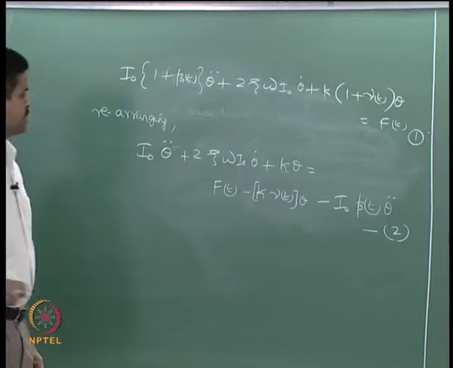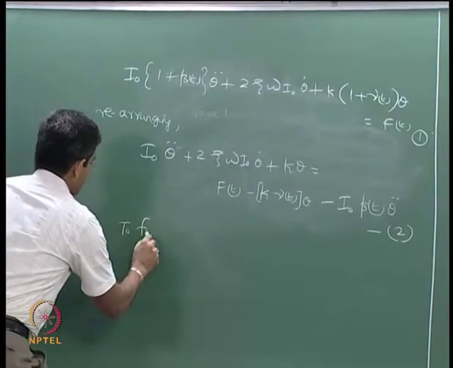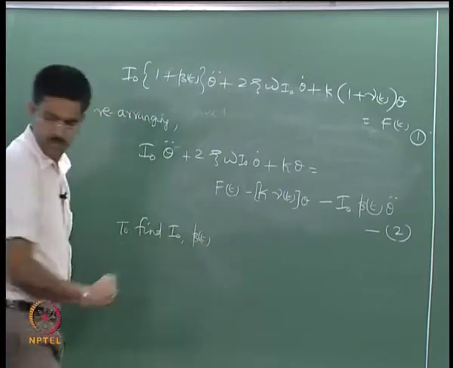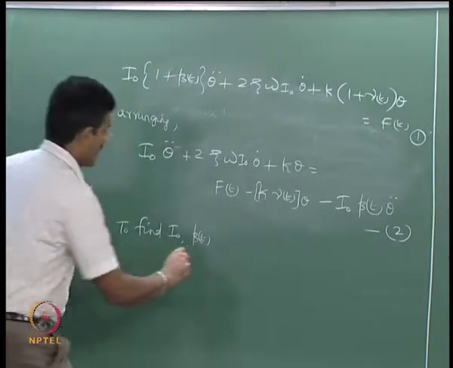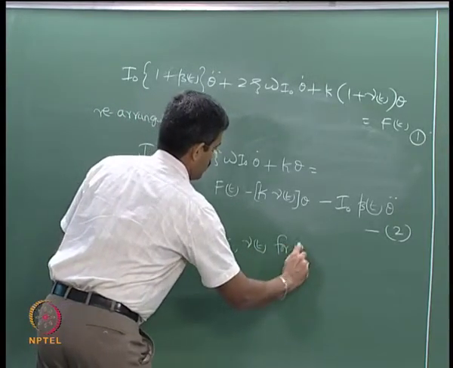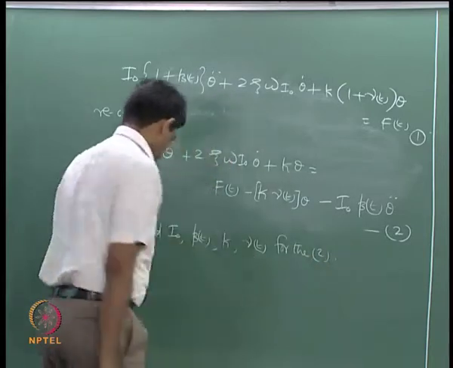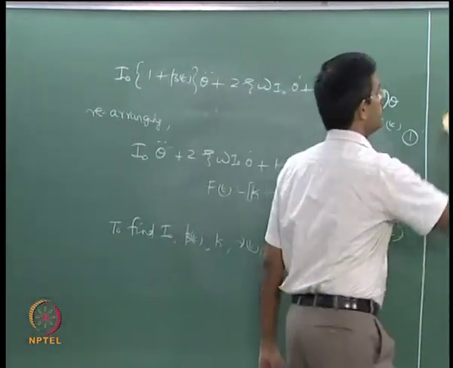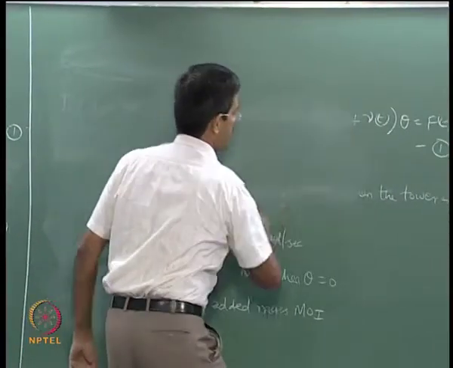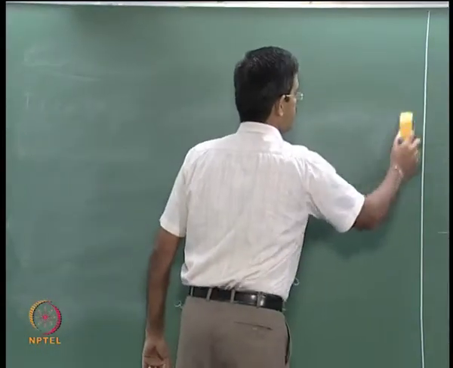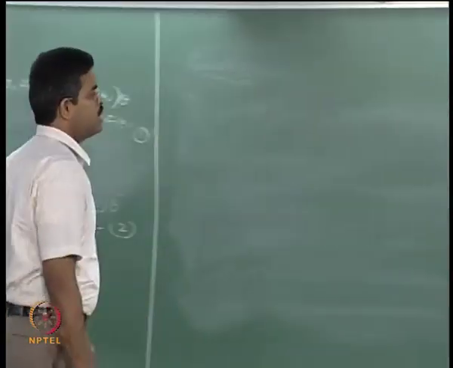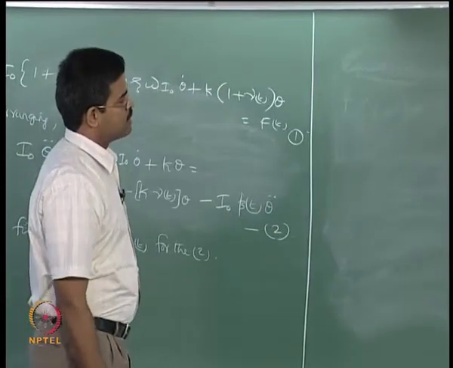Now, I want to find I naught beta of t and k nu of t for equation 2. That is my objective now. To do that, let us draw the initial and deflected position of the tower.